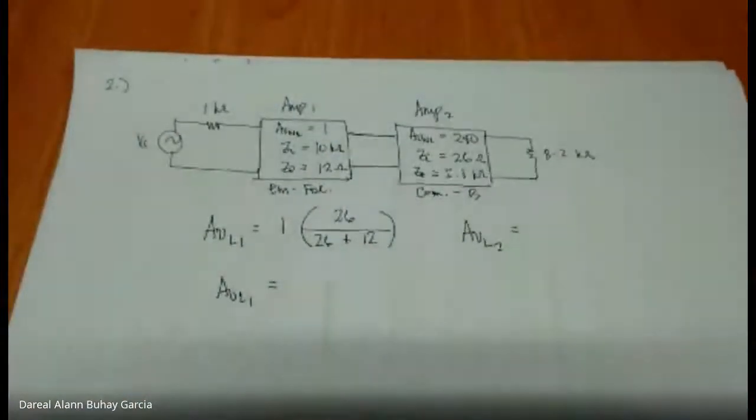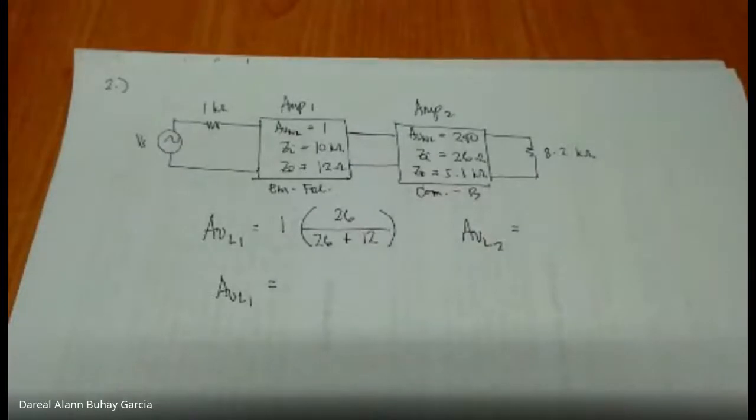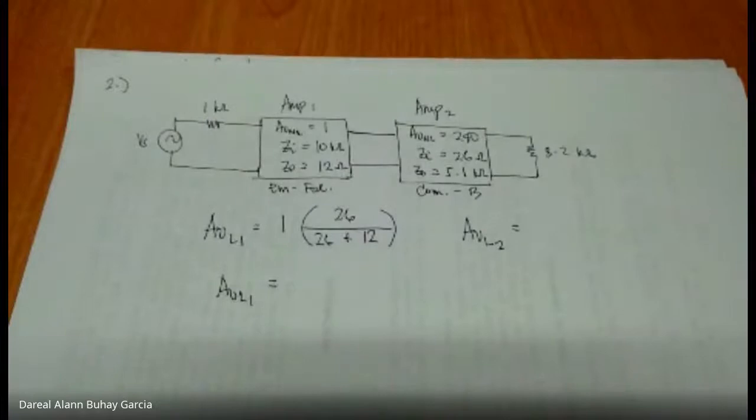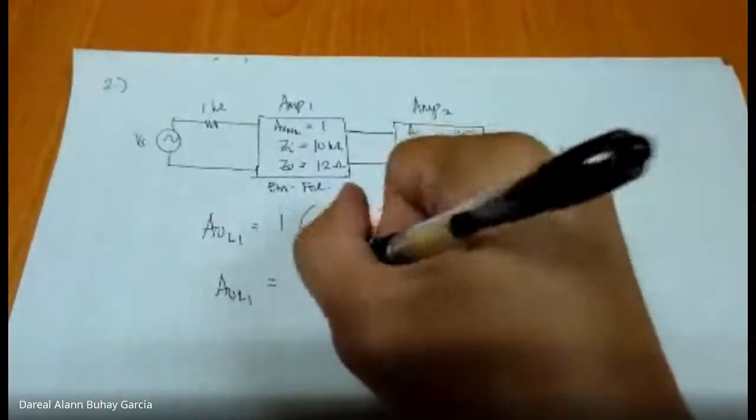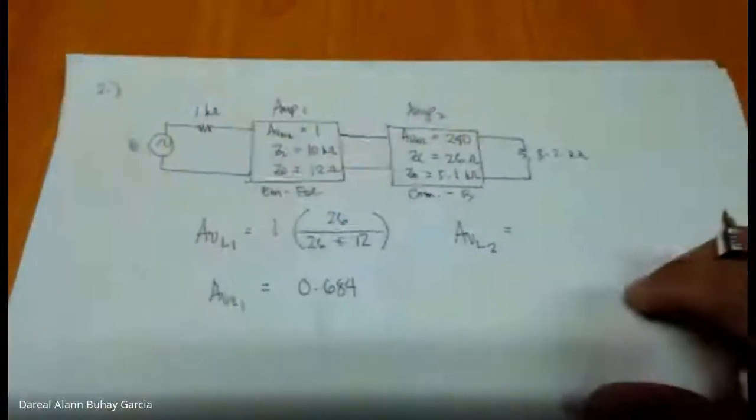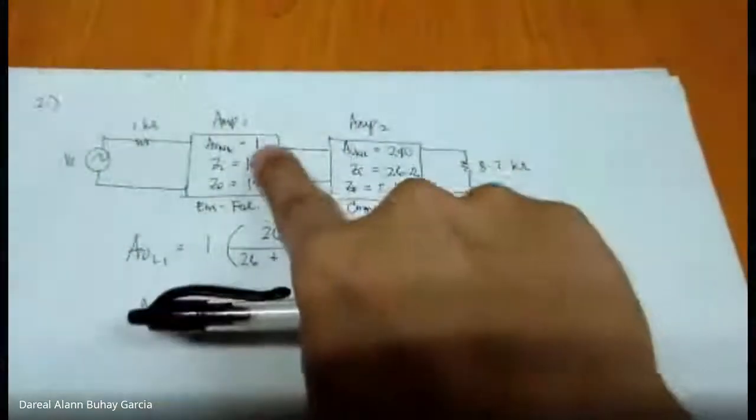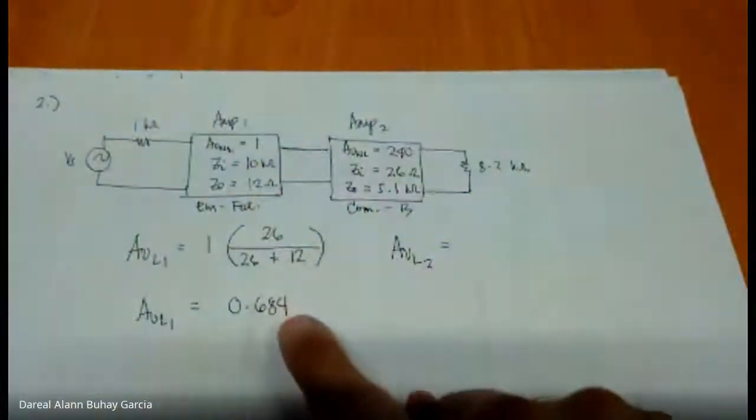So AVL1 is equal to 0.684. From 1, it went down to 0.684. About AVL2: its RL is okay.